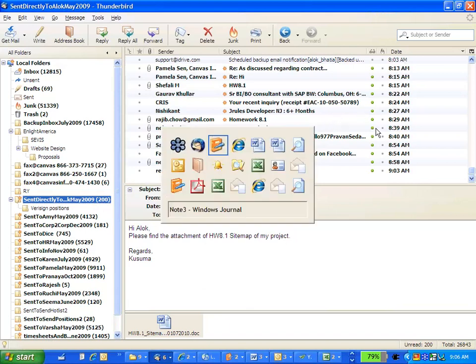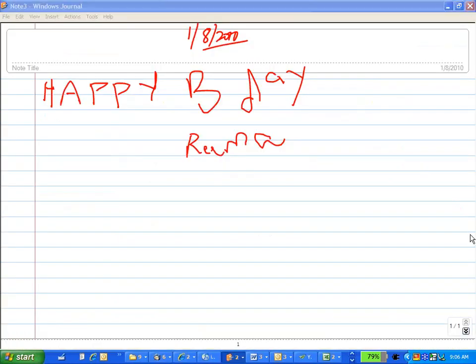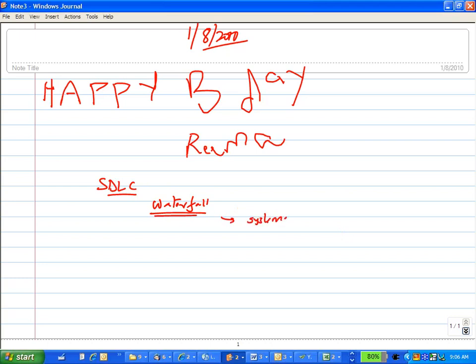So let's get started. We had started talking about software development life cycle yesterday, and we said that Waterfall is the oldest SDLC. It's a very systematic software development life cycle, and it has a problem though.